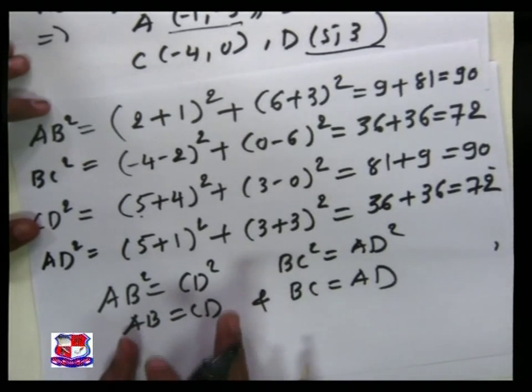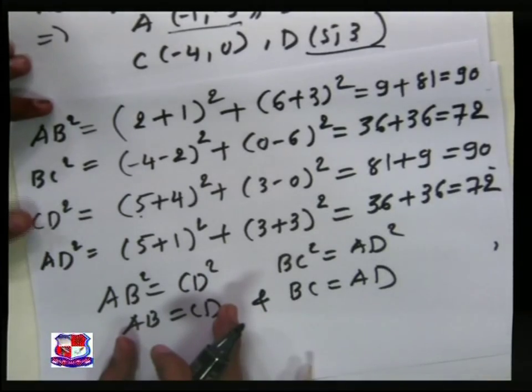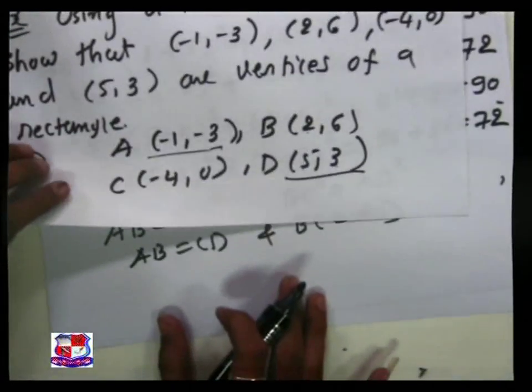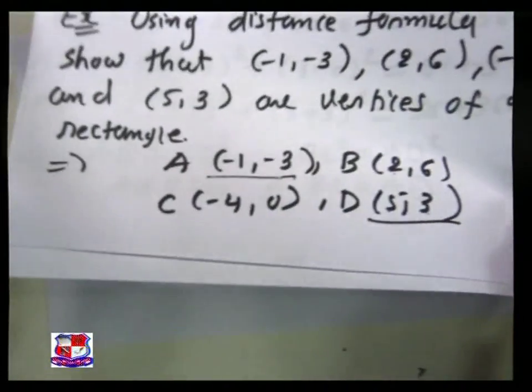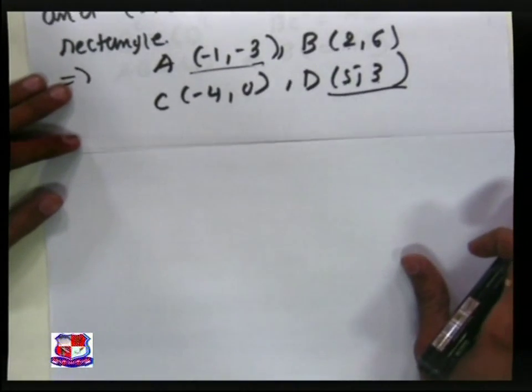So for the rectangle we need to prove that the diagonals are also equal. So we need to find the value of diagonals. That means here we need to find AC and BD as well. So let us find AC square.